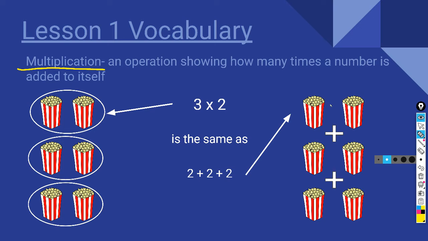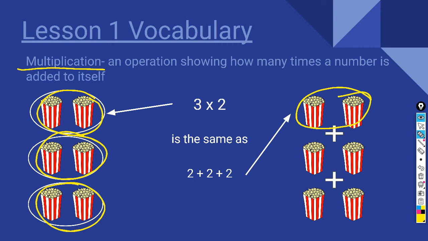Well, if you look, our pictures are actually the same. Because here we're adding 2 plus 2 plus 2. And here is the same thing as 3 times 2, which is really 2 plus 2 plus 2.